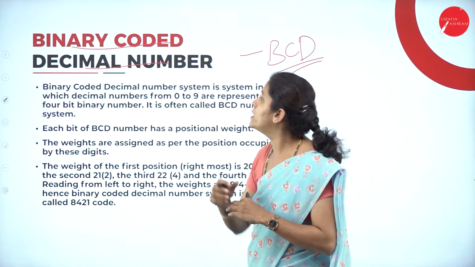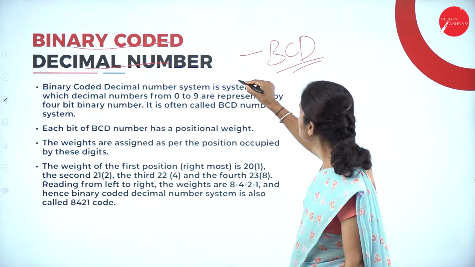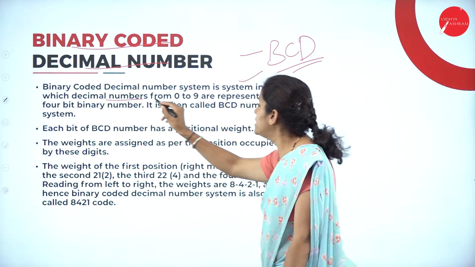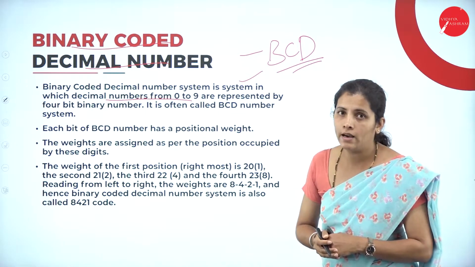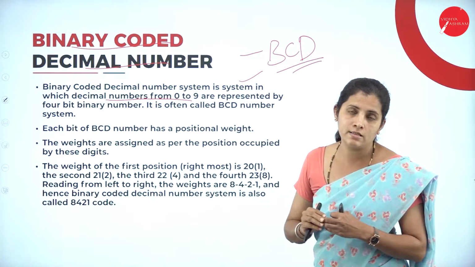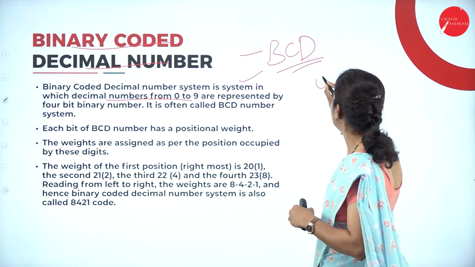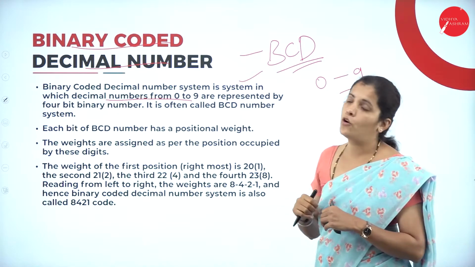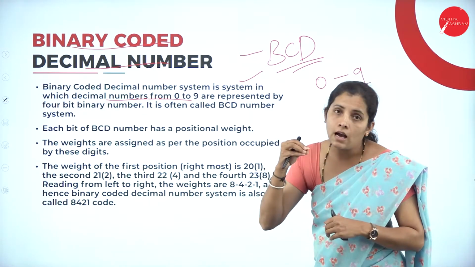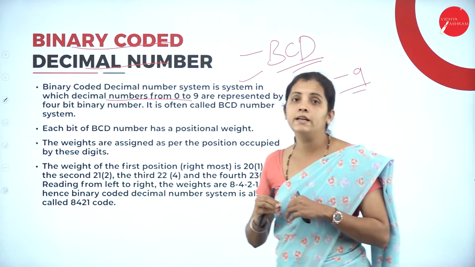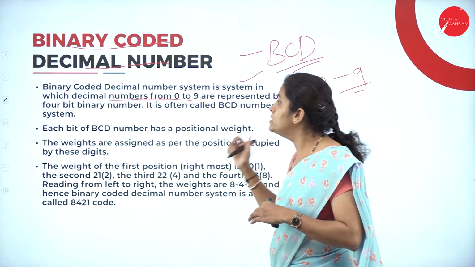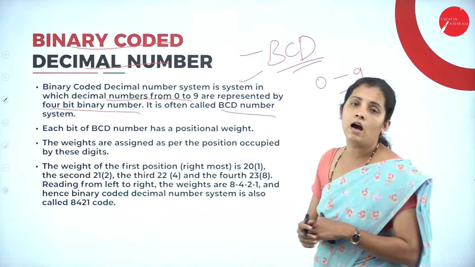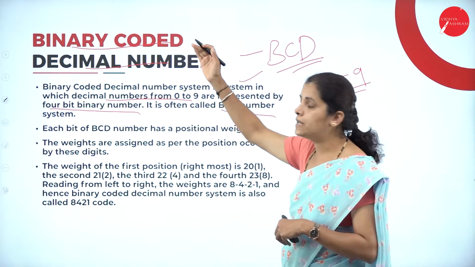Binary coded decimal number system is a system in which the decimal numbers are represented from 0 to 9 by using 4-bit numbers. It is often called BCD number or binary coded decimal number.